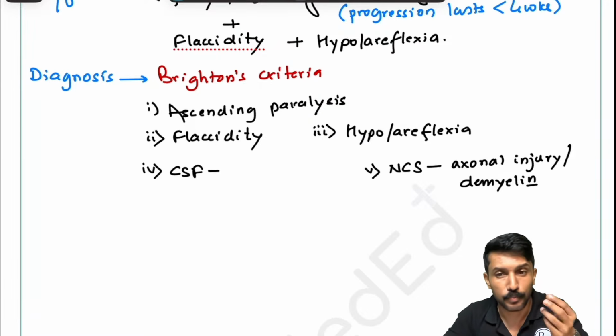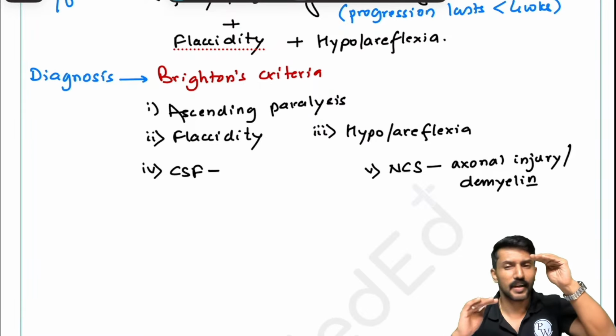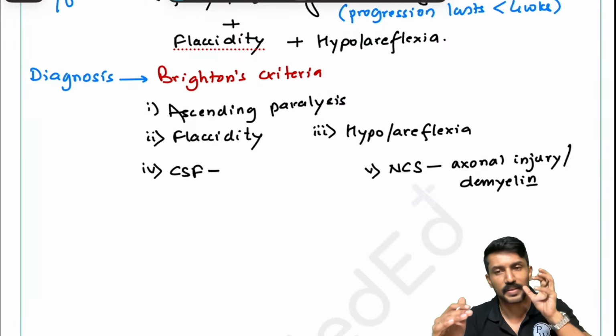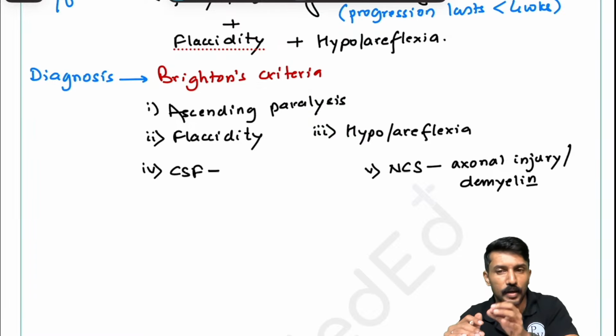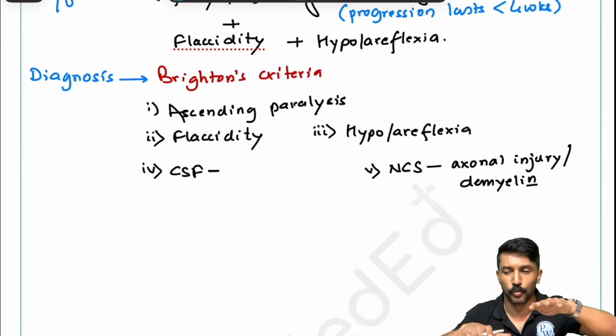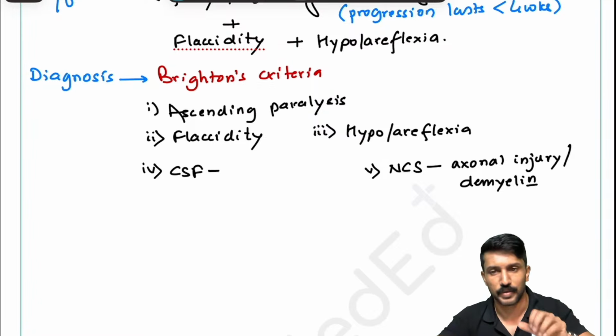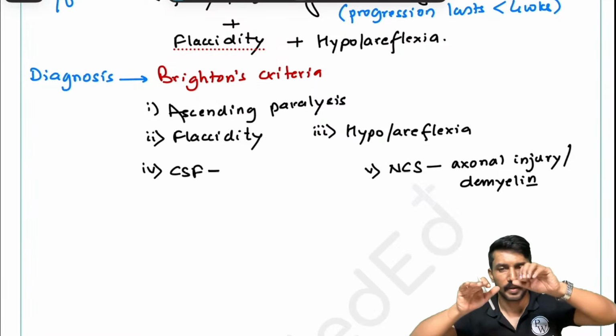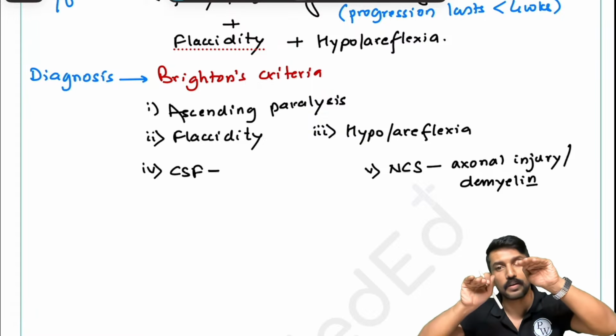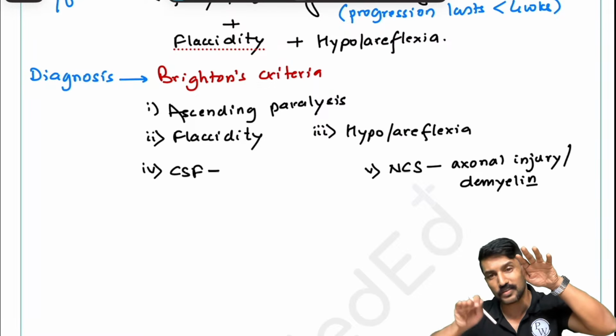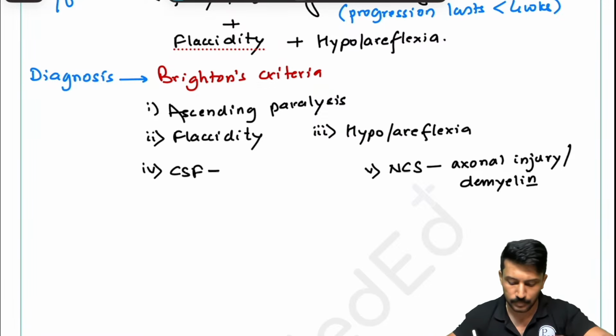And antibodies are what? Protein. So CSF protein will be high, cell count will not be increased much. This condition we will call albuminocytological dissociation. Albumin and protein generally both increase. If I have viral meningitis or bacterial meningitis, protein and cells both increase. Here only protein is increased, cell count is not increased. That's why we are calling it albuminocytological dissociation.